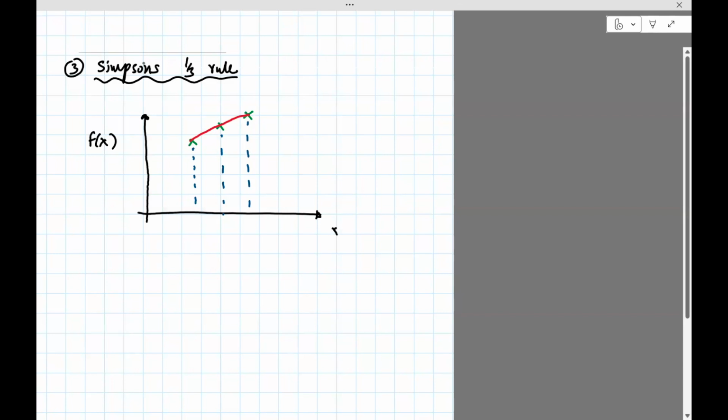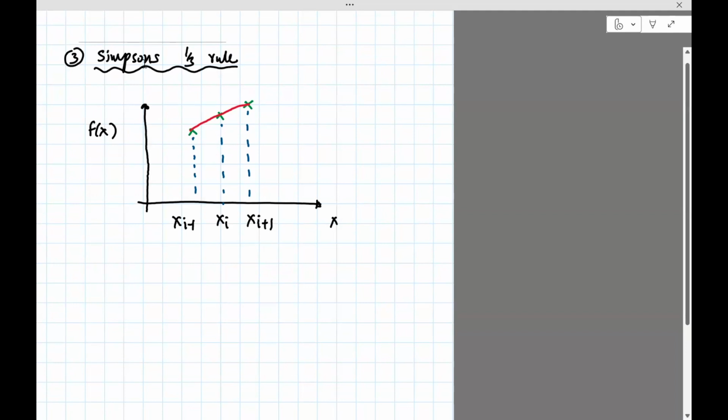This is f of x, this is x. And let's say that these points are xi minus 1, xi, xi plus 1. And of course, you know the values at these points, fi minus 1, fi, and fi plus 1.